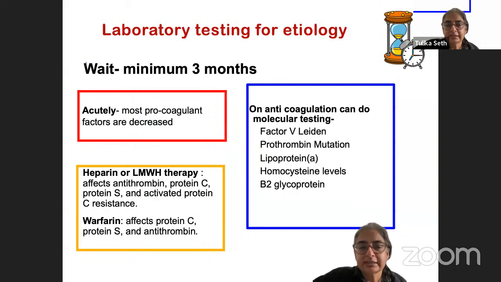We don't do the testing immediately unless it's going to be in a life-saving scenario, for example, congenital protein C or protein S deficiency. But in case you do want to do the testing, the molecular testing for factor V Leiden, prothrombin mutation, lipoprotein(a), homocysteine levels, and beta-2 glycoprotein can be done even in patients who are on anticoagulation.